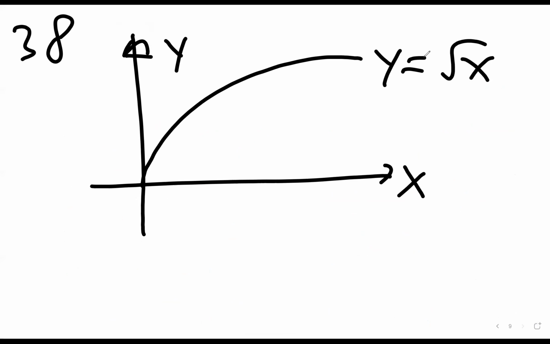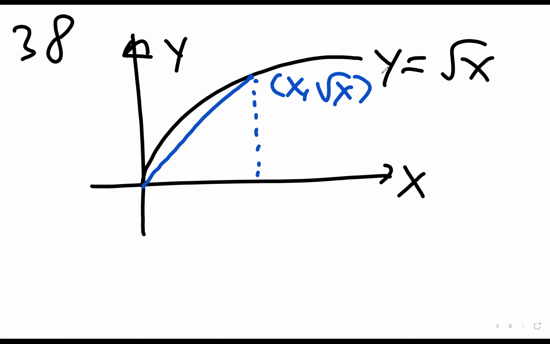Then consider a certain instance, and I can draw something like this. Of course, the coordinate of this point can be written as (x, square root of x). And theta is this angle.